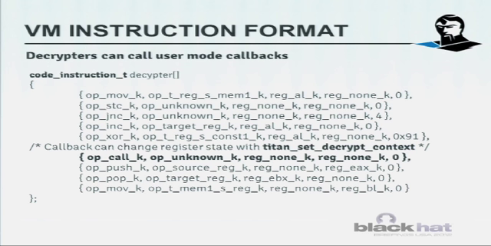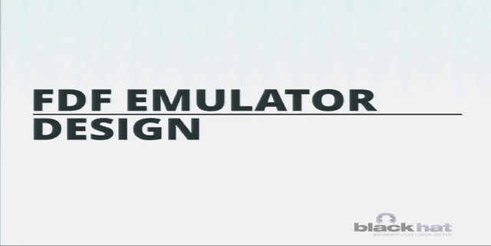If you want to communicate with the decryptor as decryption is going on, you can use the call instruction to call your predefined callback, from which you can change the register state, or you can manipulate the encrypted data itself. So you can communicate with this in multiple forms. You can also set a trap flag, which does what trap flags do: it calls your callback for every instruction which gets executed.